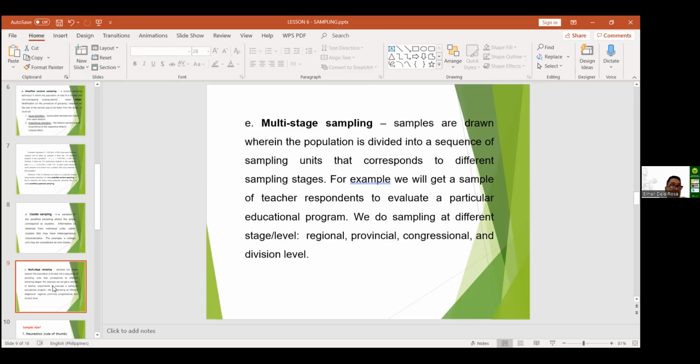Then, pag napili ang Nueva Ecija, lahat ng congressional districts naman sa Nueva Ecija. Napili ko naman ay Science City of Muñoz. Ano ba doon? District 2, District 1, 3rd District. 3rd yata. And then, lahat ng nasa district, divisions naman.